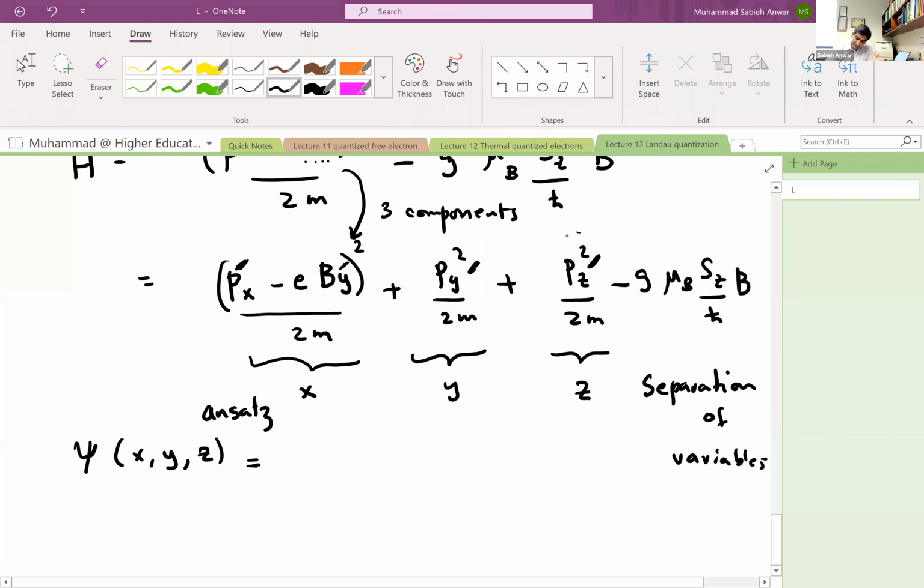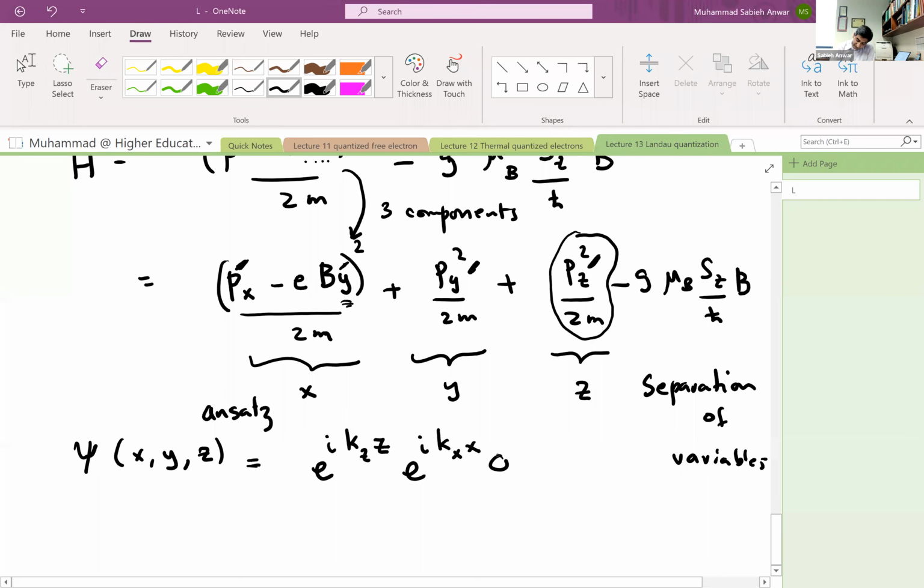So this pz squared here would want me to write the z part of the solution as a plane wave, e^(i kz z), and this px would want me to write down the x part as a plane wave along the x-axis. But this y here is slightly confounding, it's slightly confusing.